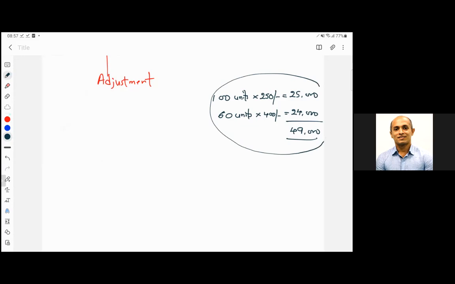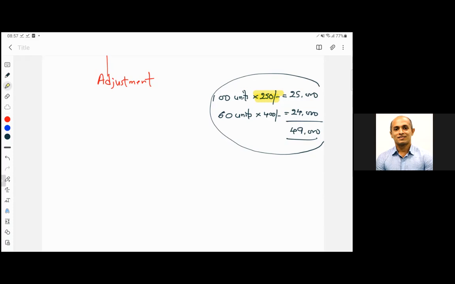Now you see this 250 price is an old price. Current price is 400, so this 250 price has to be adjusted to 400.